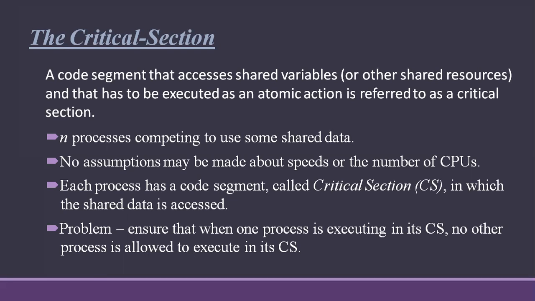We cannot assume the speed or the number of CPUs. Each process has its own segment in which the shared data is accessed. The basic problem is how to ensure that when one process is executing in its critical section, no other process is allowed to execute in its critical section.